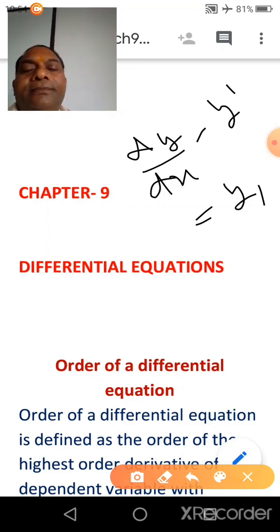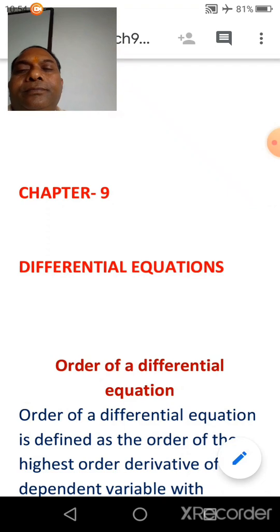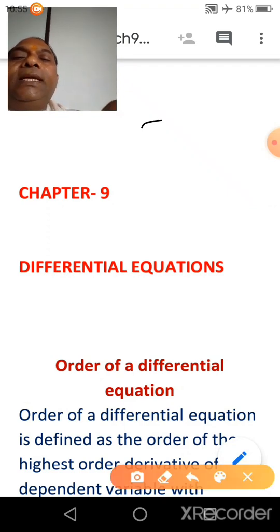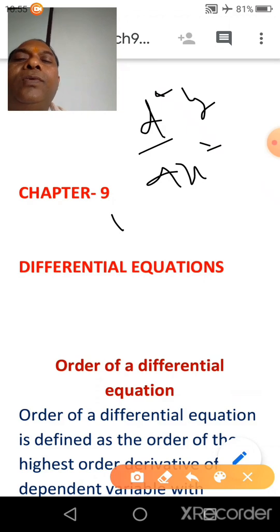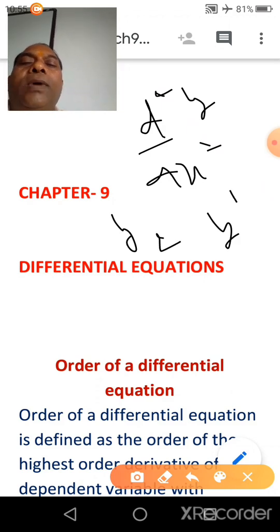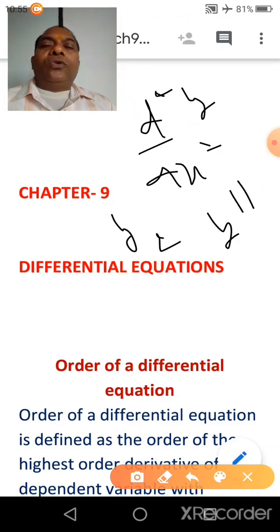Similarly, d2y by dx square or y2 or y double dash is known as second order derivative.